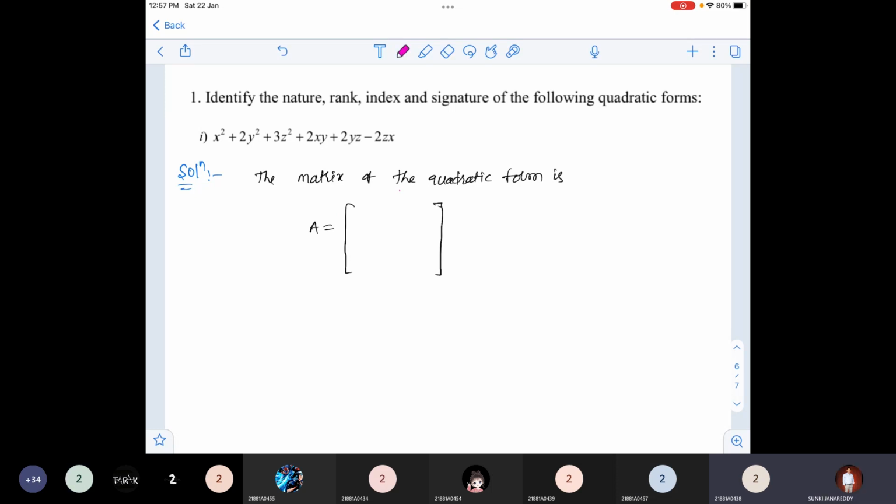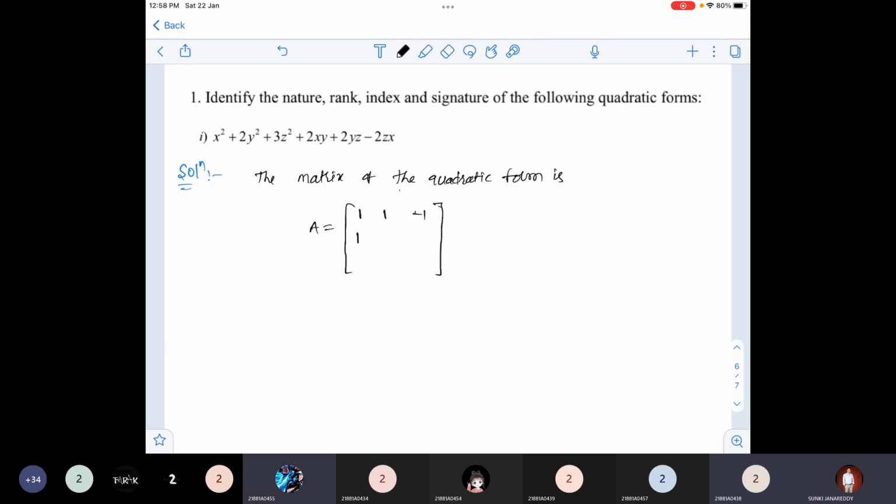Now tell me, 1. First 1, next 1 again, 1/2 into the xy coefficient. Next minus 1, minus 1.